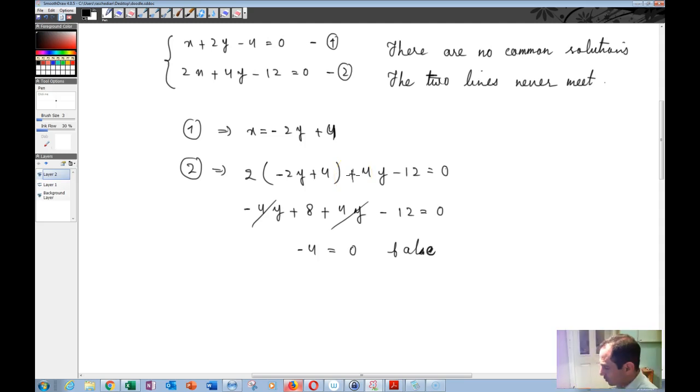That's basically what happens here. So we have covered all the different cases that might happen, and this was the substitution method.